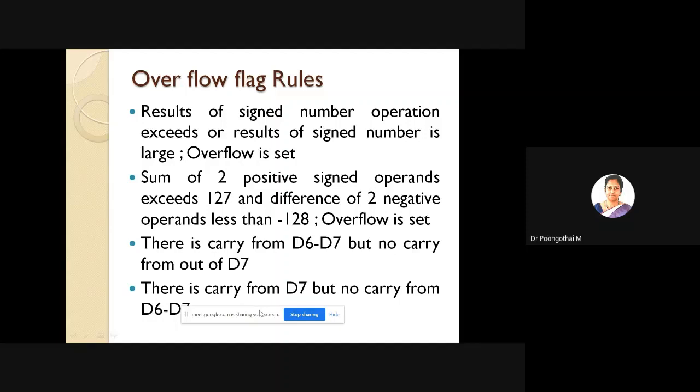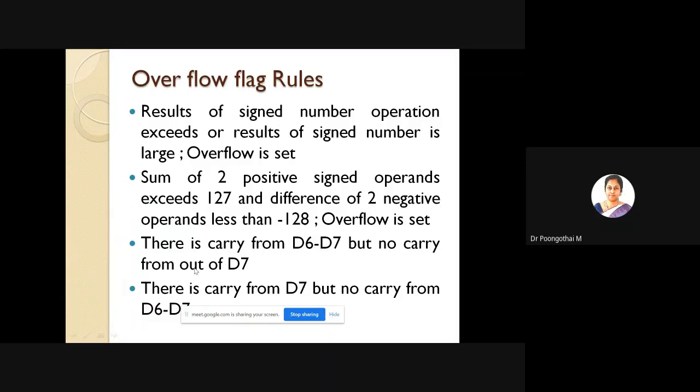So the overflow flag depends on your result size, that is the maximum size of your result, along with your carry. If the result exceeds the range, the overflow flag is set; otherwise, a carry from D6 to D7 with no carry out of D7 sets the overflow flag. And another rule: a carry from D7 but no carry from D6 to D7 sets the overflow flag.